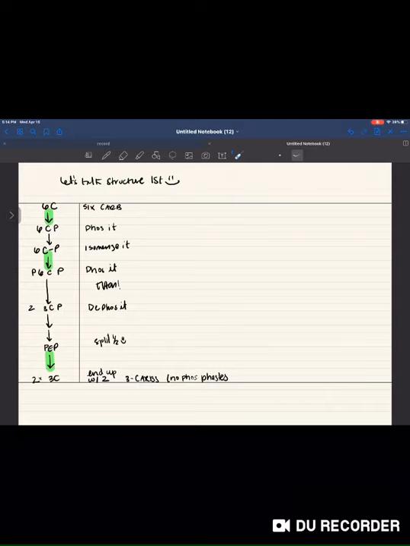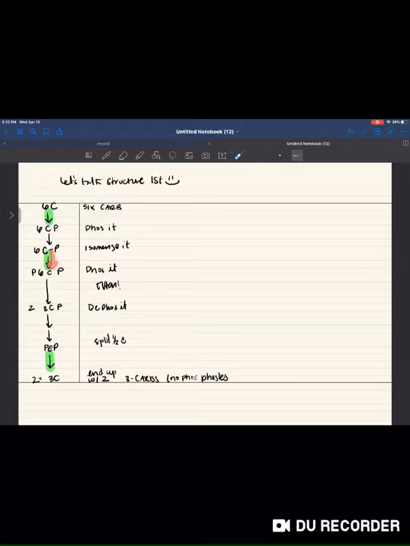First, we have the structure, and we're just going to talk about the structure of the carbon chains. We start out with 6-carbon glucose. We first phosphorylate it. Then we isomerize it, which means we change it.